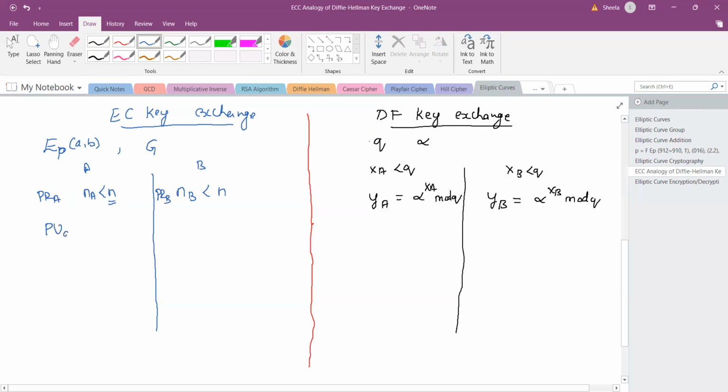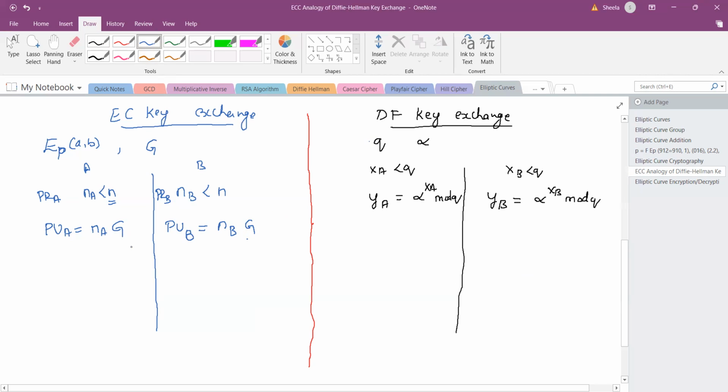And PUA is nothing but NA number of times G, meaning I'm going to repeatedly add the point G NA number of times. And similarly, the public key of B is nothing but NB number of times G, repeated addition of G NB number of times.